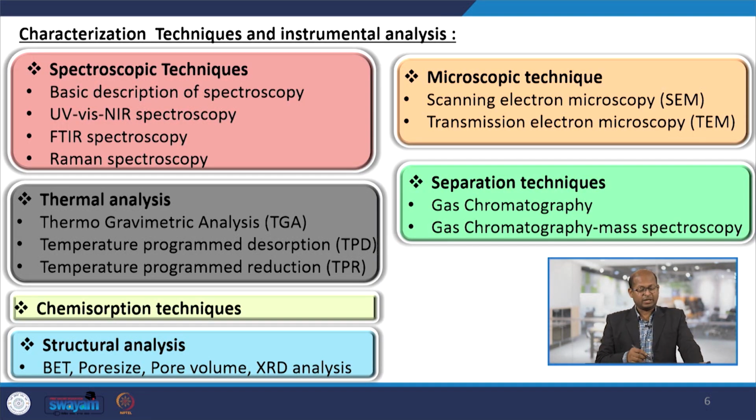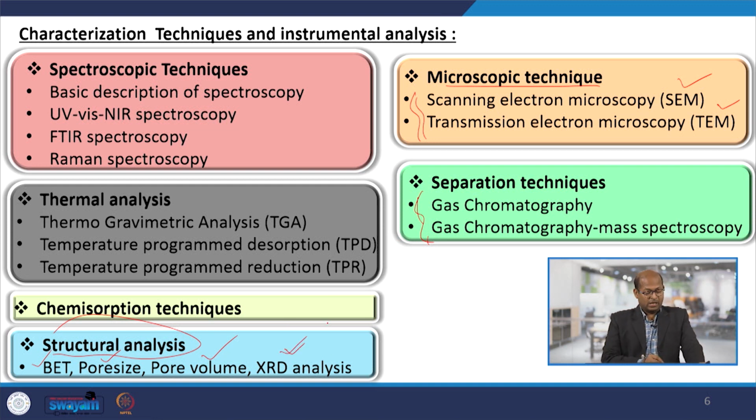Here are the catalyst characterization techniques, which we can classify this way. For microscopic properties or surface morphology, that we can find out. For structural analysis, there is BET surface area, pore size, pore volume, and XRD analysis.